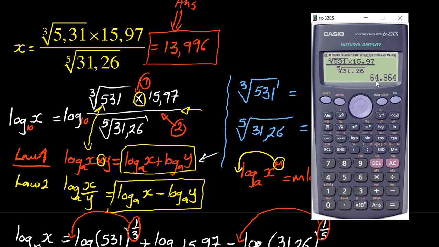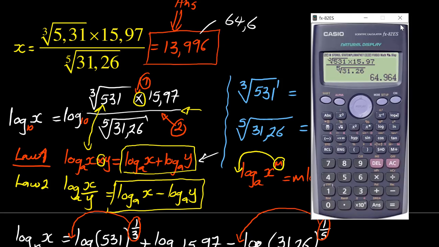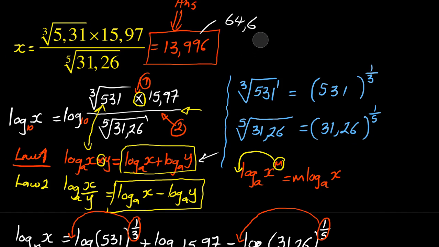There is 64.964. So I'm making another error there, pardon my errors, but this was supposed to be the answer if instead I was given 531. Now because it is 5.31, if it was 5.31, my answer was going to be this one.